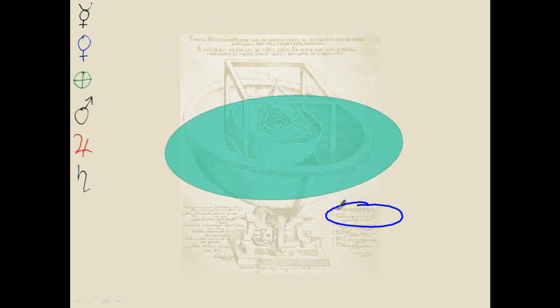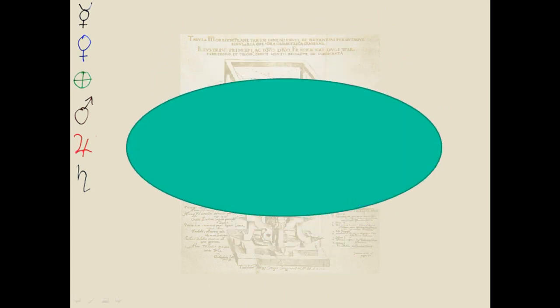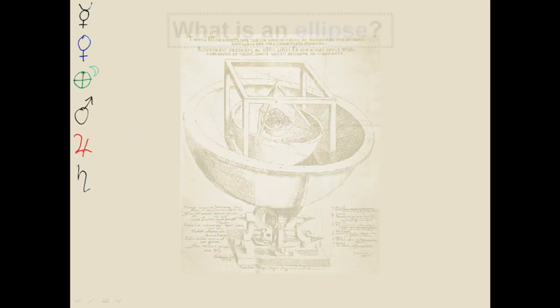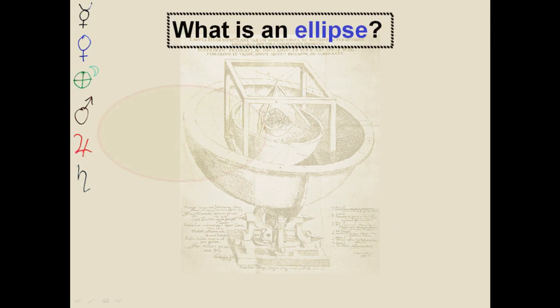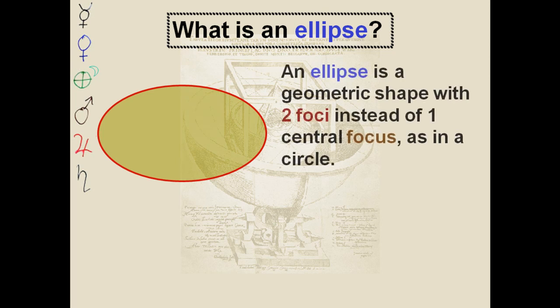And I'll have a picture of it right here for you. A lovely ellipse. So what is an ellipse? If you remember from geometry class, the kind of egg-shaped things. And has two foci instead of one central focus. So a circle is just a circle with one focus in the center.